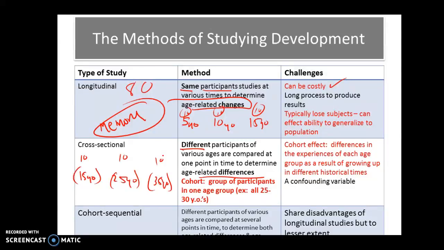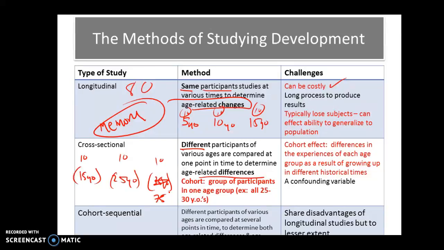Now, one of the problems with this that especially happens is something called the cohort effect. Let's just say one of these groups was 75 years old, and we're giving that cohort, that group of 75-year-olds, the same test we're giving 15 and 25-year-olds. And let's say to expedite our research, we're doing it via a computer.